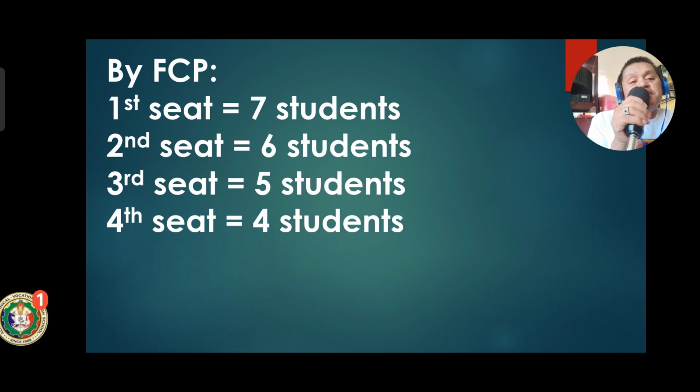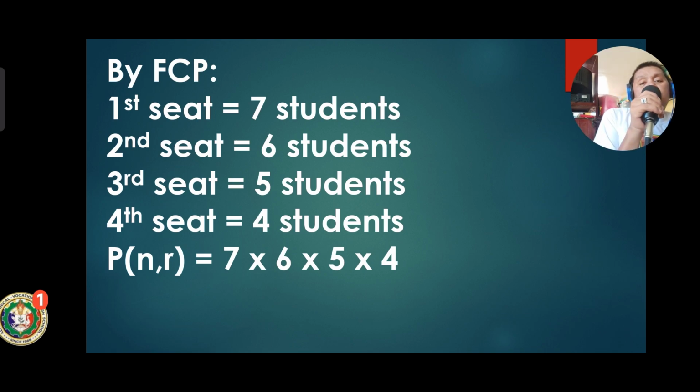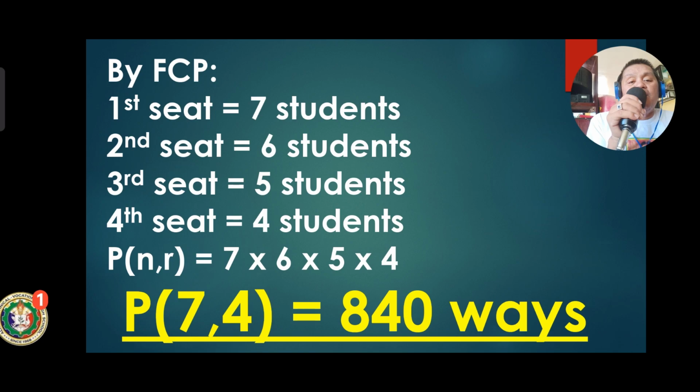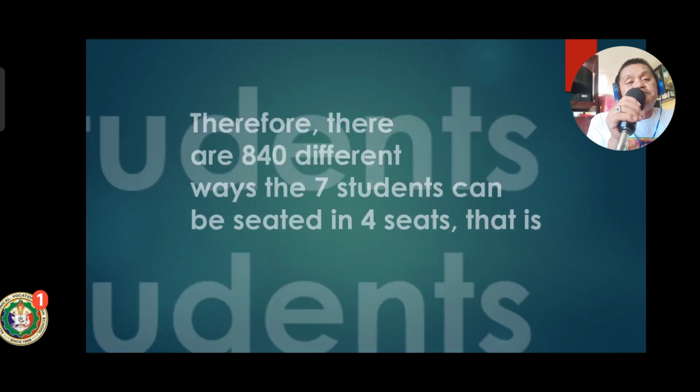For the fourth seat, there are 4 students to choose from. The permutation of 7 students to take the 4 seats of chairs is equal to 7 times 6 times 5 times 4, using the fundamental counting principle. So the permutation of 7 students taken 4 seats at a time is equal to 840 ways.